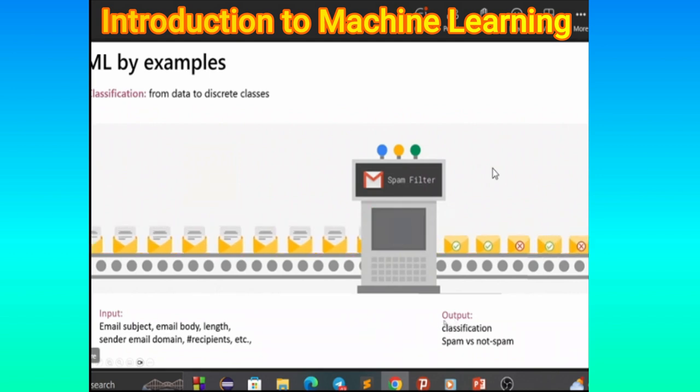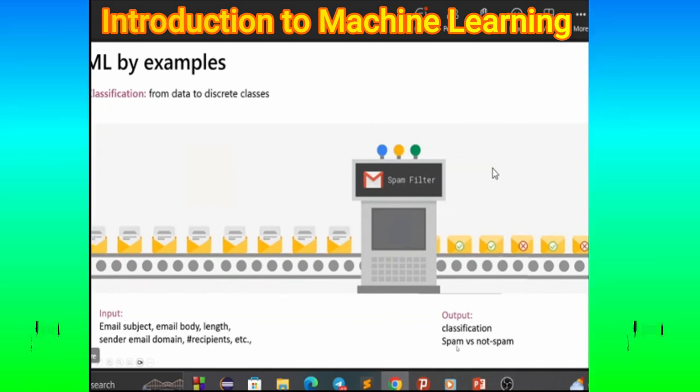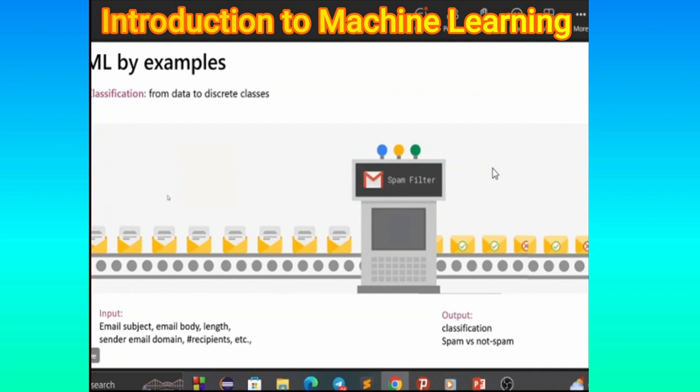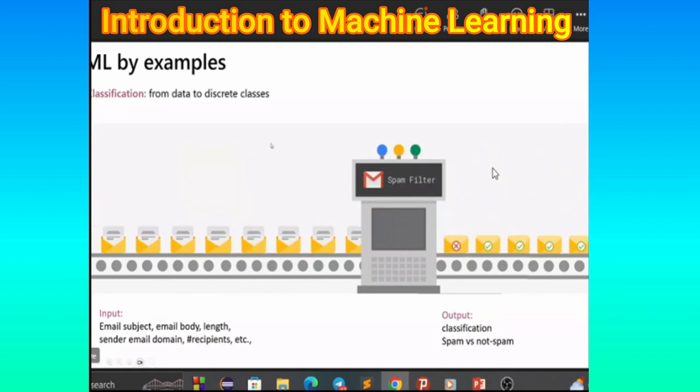That generated output will be a classification model. And when we use the classification model on emails, we would get a spam versus not spam output. Then the program will take the next action that needs to be done on a particular object.